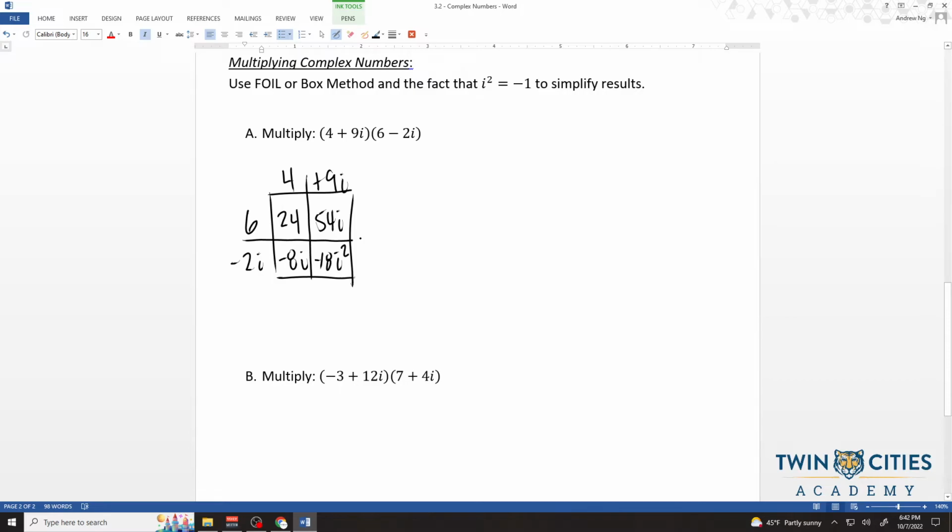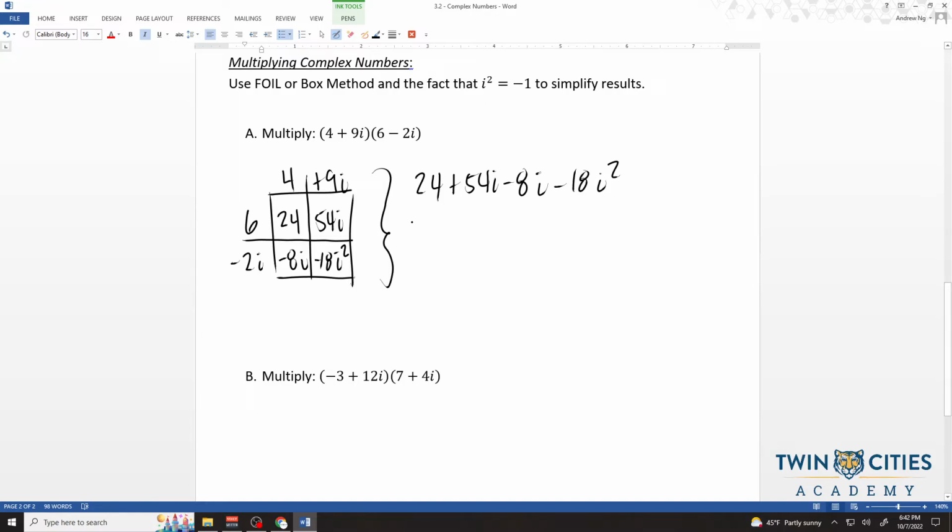All right, let's put everything together. 24 plus 54i minus 8i minus 18 times i squared. Well, remember that i squared is negative 1.